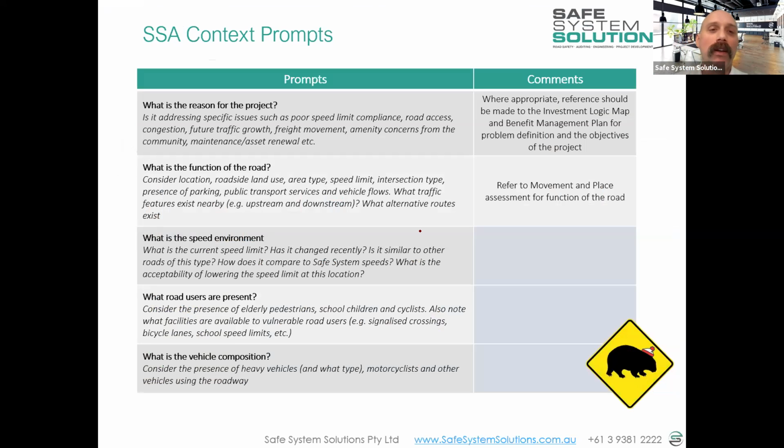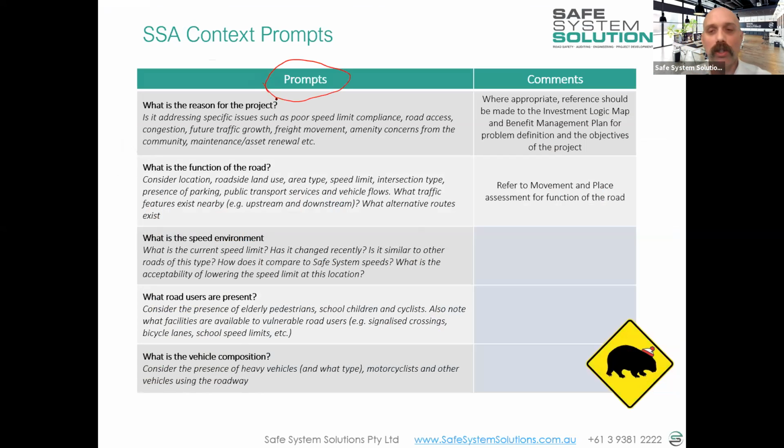That's the output. But the first thing you do in a safe system assessment is understand the context of the project that you're going to assess. The Austroads document and the different guidelines from the Department of Transport in Victoria and DIT in South Australia give you prompt questions.